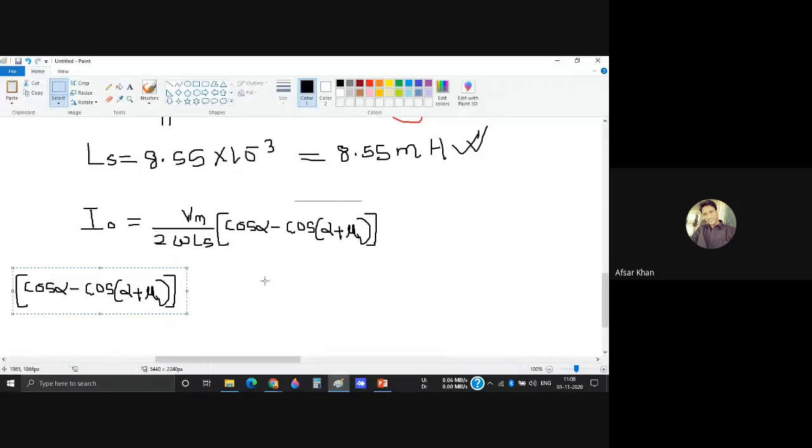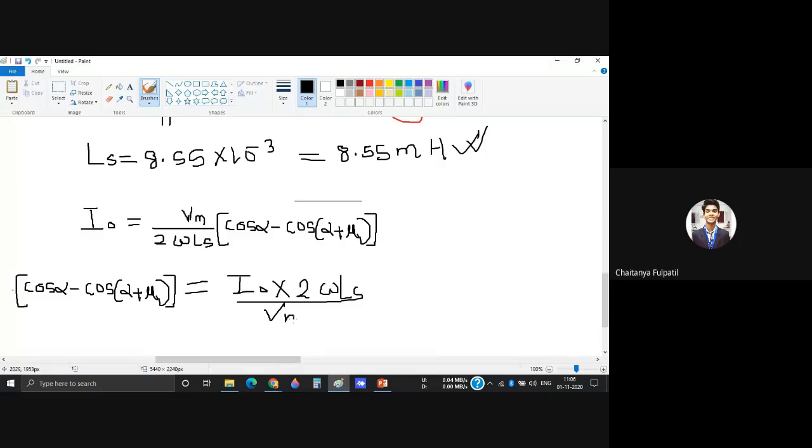Cos alpha minus cos alpha plus mu will be I naught into 2 omega Ls divided by VM. Put all the values.